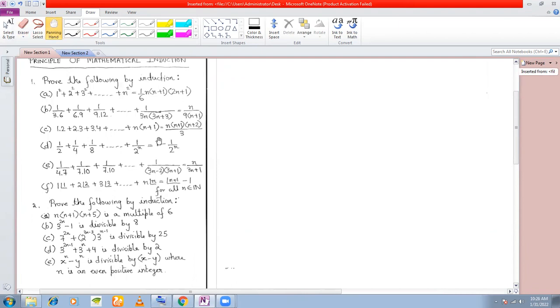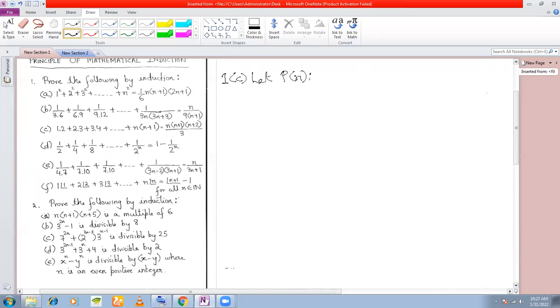Question number 1C. Okay. Look at this question. This is again a series question. 1 into 2 plus 2 into 3 plus 3 into 4 plus up till n into n plus 1. You have to prove that is equal to n into n plus 1 into n plus 2 by 3. So I say let Pn be the given mathematical statement.